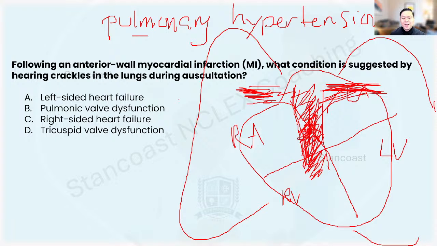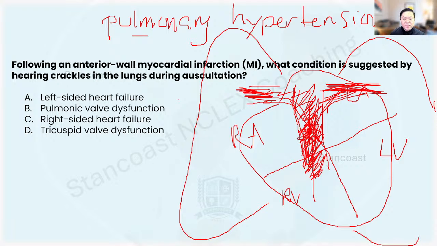We're talking about the main right and left branches of the pulmonary artery. There will be a high pressure in that area. Okay. When this happens, it can lead to the backflow of the blood into the right ventricle. So the target spot will be the right ventricle. It will not be the left ventricle. Okay.